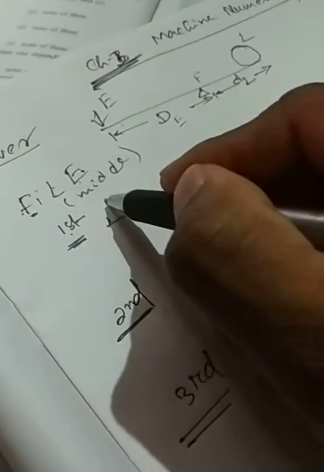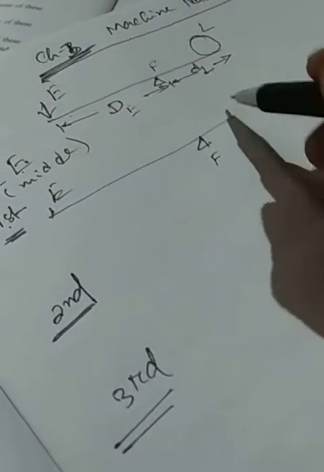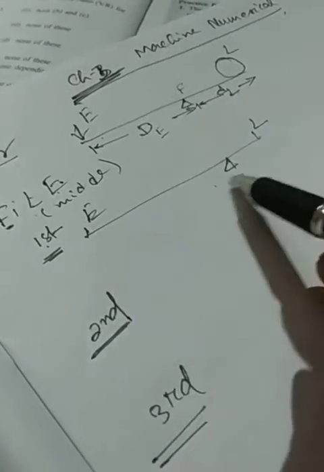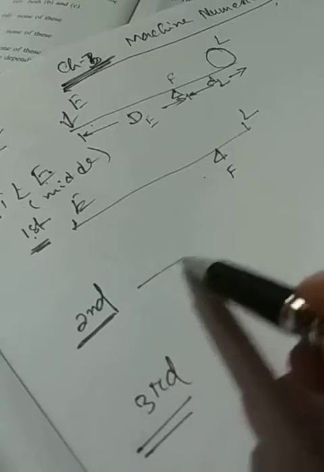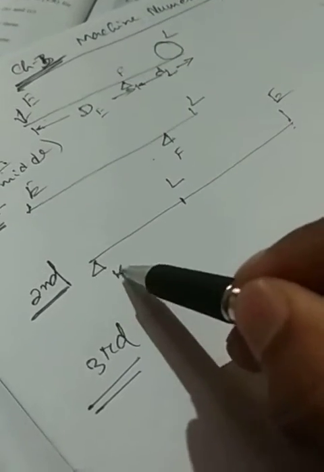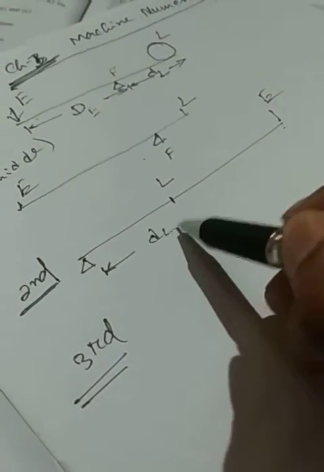See, anywhere between means anywhere. This is the fulcrum, this is the effort, this is the load. So this is called what? A first class lever. In the same way, if I put the fulcrum here, the load in the middle and the effort on the other side, this is the load distance, and from fulcrum to effort is the effort distance.